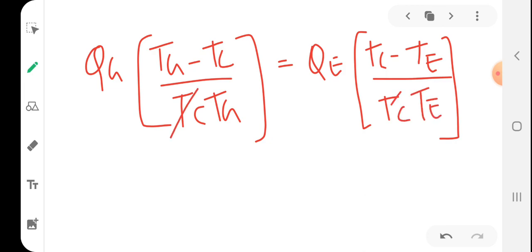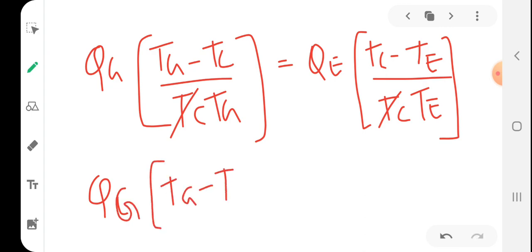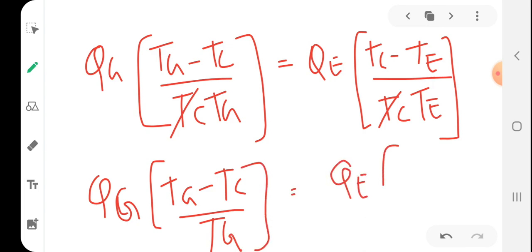We can cancel TC. What remains is QG into (TG minus TC) by TG equals QE into (TC minus TE) by TE.